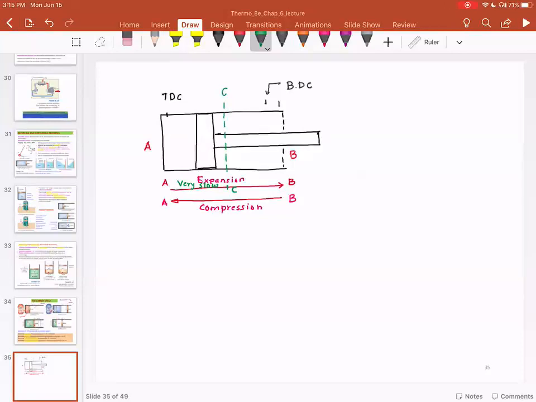So in the expansion from A to C, the temperature is remaining constant because the process is very slow. And since the temperature is constant, it is isothermal expansion.